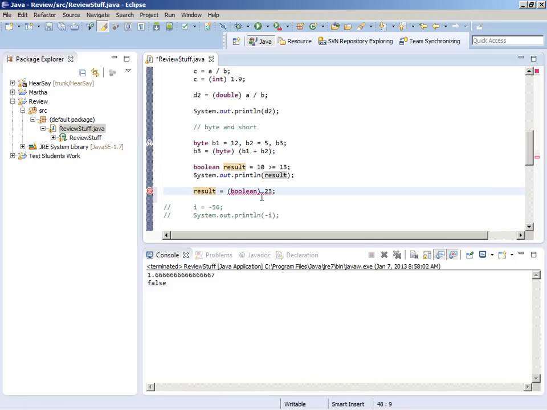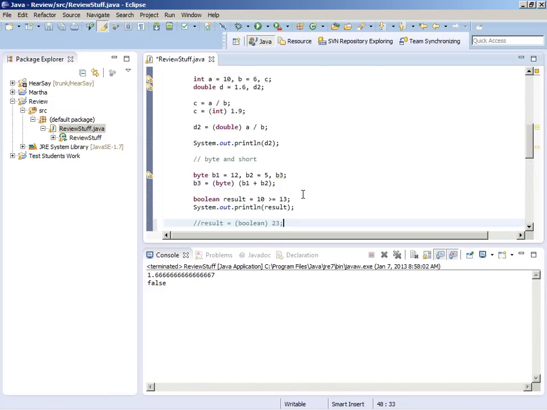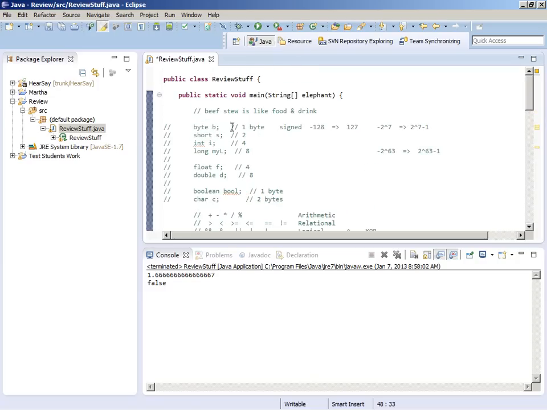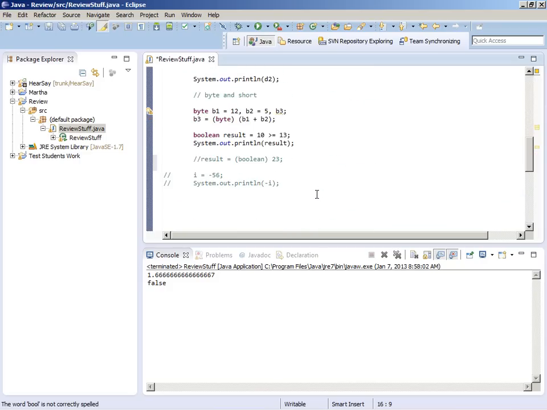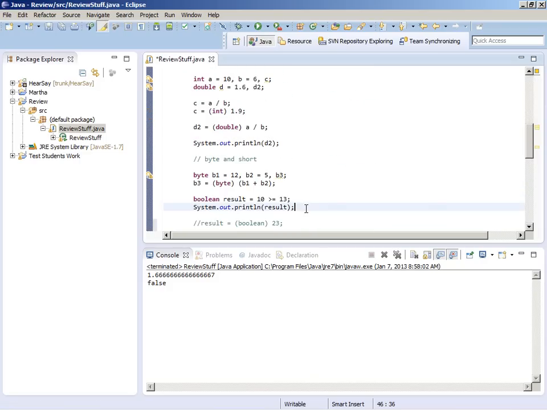So the cast operators, there is a cast for every data type except for the Boolean data type. Let me make sure that that is true. Yes, there is a cast operator for each of the primitives except Boolean. It doesn't play with anybody else.